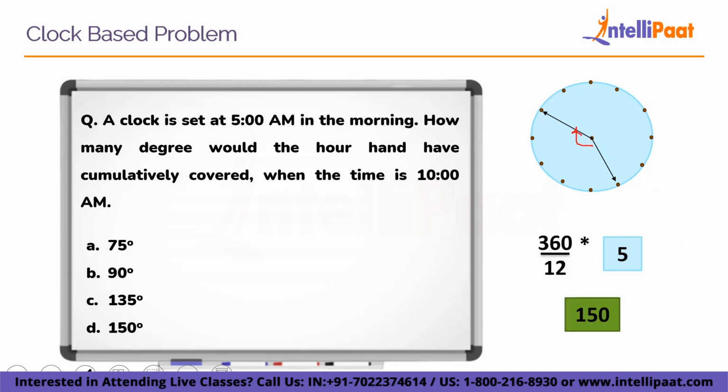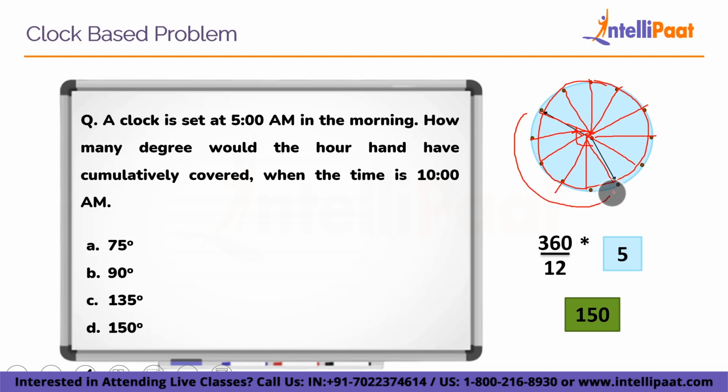what we will do is just divide 360 by 12, because this whole clock is 360 degrees and we are dividing it into 12 equal parts, right? Once you divide it by 12, then multiply by 5, because from here to here the difference is 1, 2, 3, 4, 5.